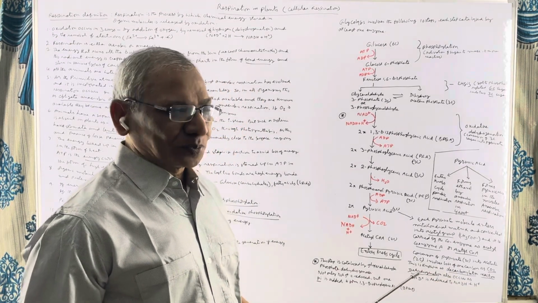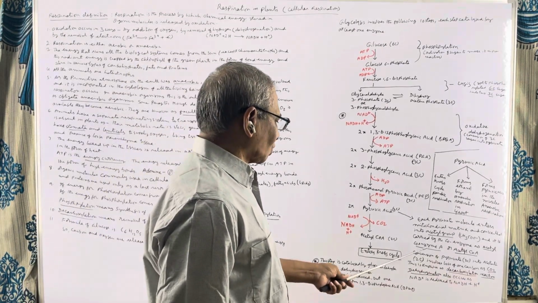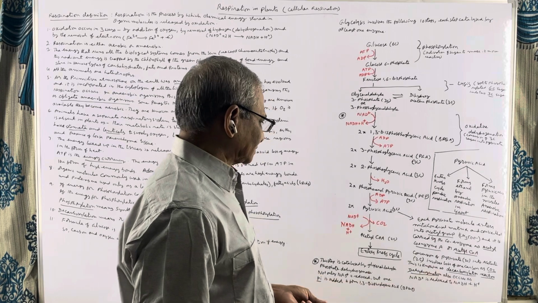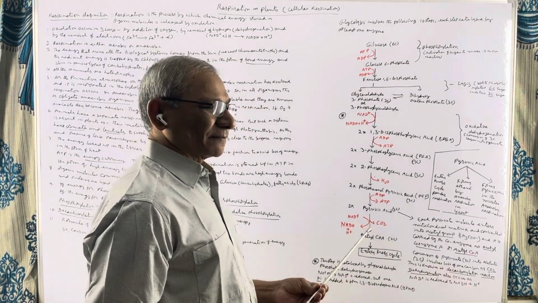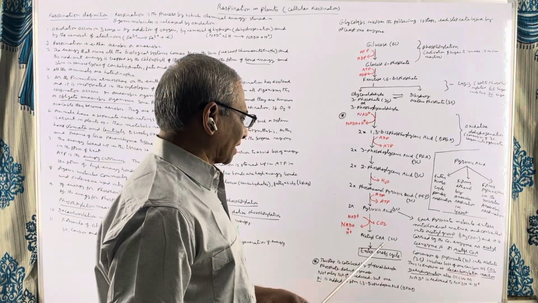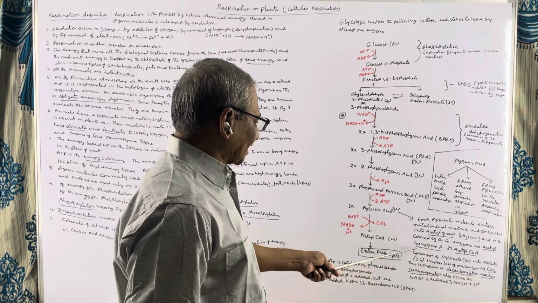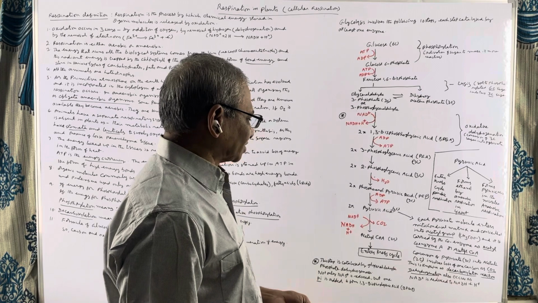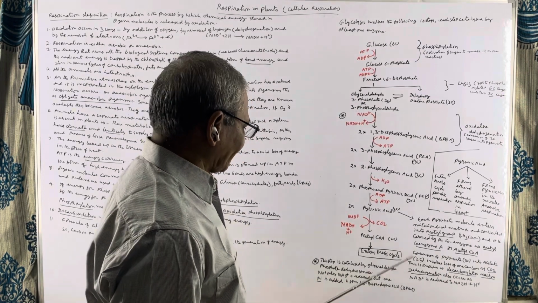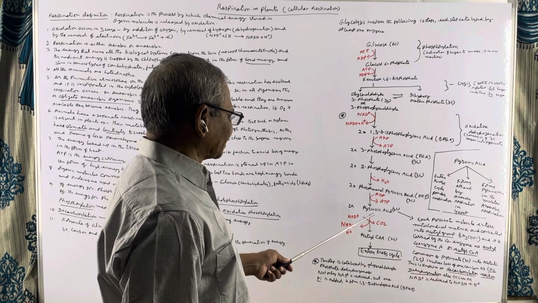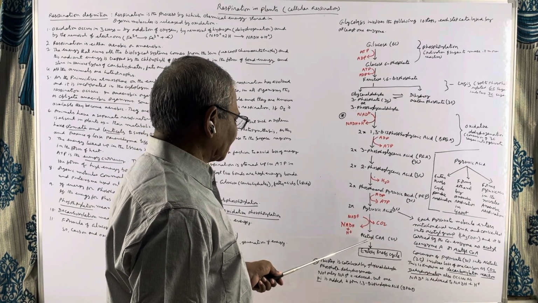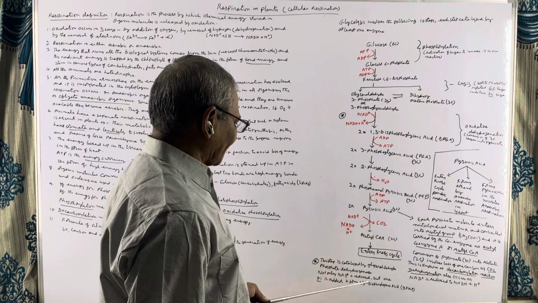This acetyl group is picked up by coenzyme A. This coenzyme, after picking up the acetyl group, becomes acetyl coenzyme A, or simply acetyl CoA. So in the mitochondrial matrix, pyruvic acid is converted into acetyl CoA.